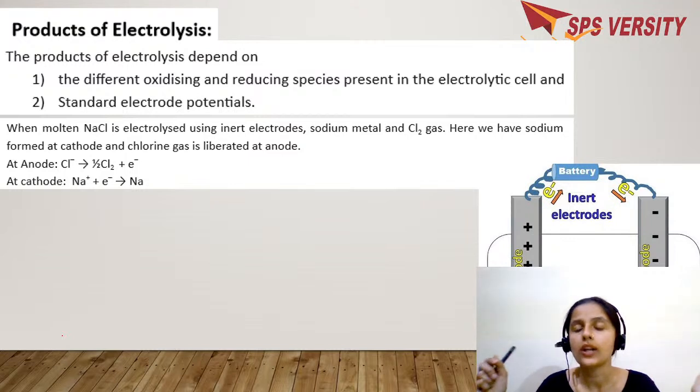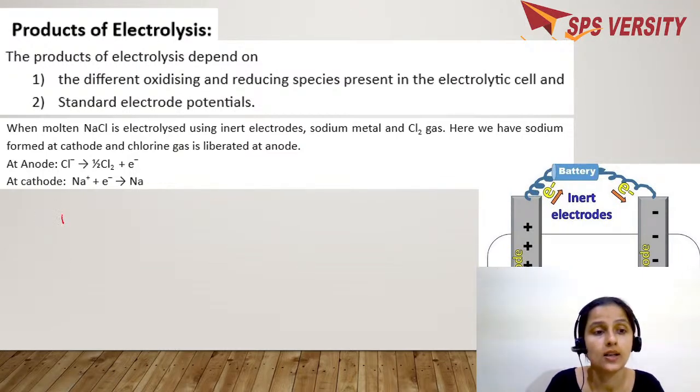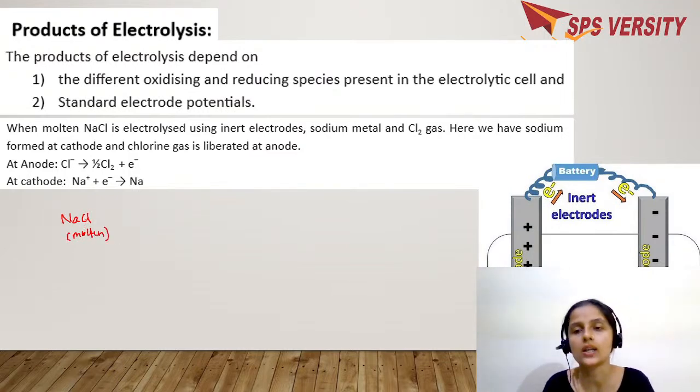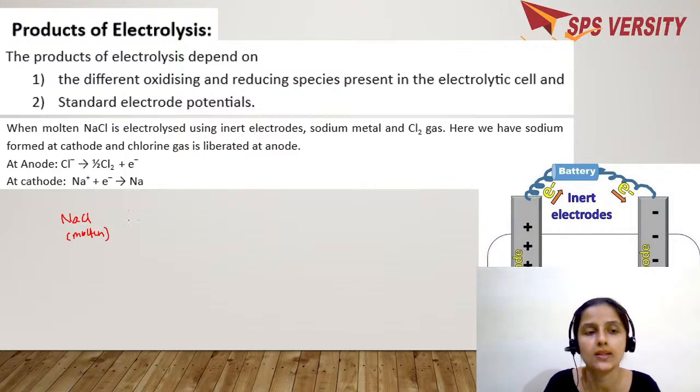Now, if you take molten NaCl, what will be the products of the electrolysis? What do you mean by molten NaCl? You take the solid NaCl and you melt it. You don't have any other ions apart from Na+ and Cl-, both in the liquid form.